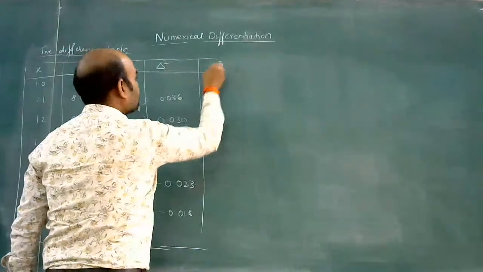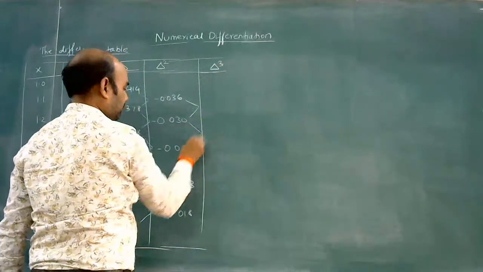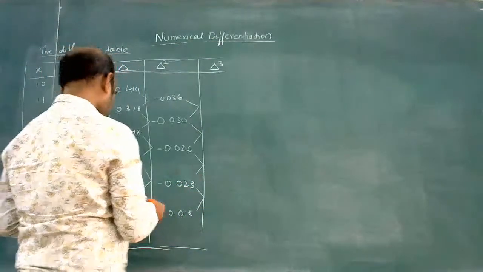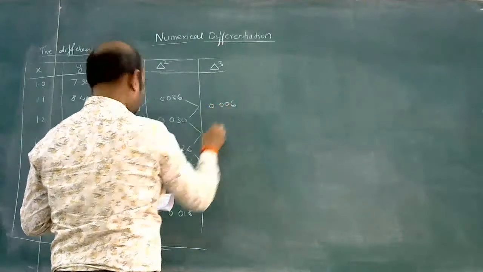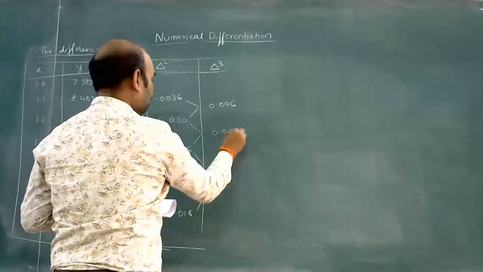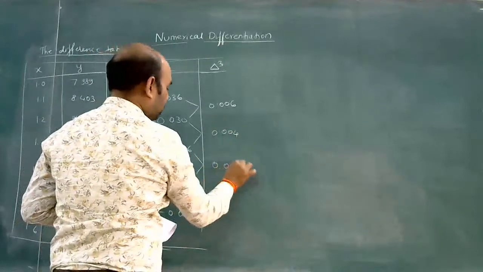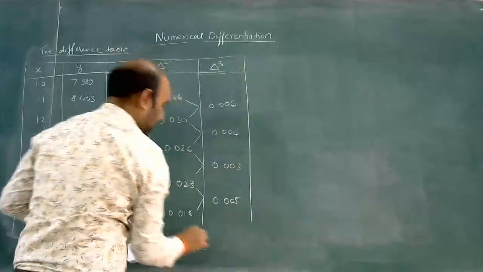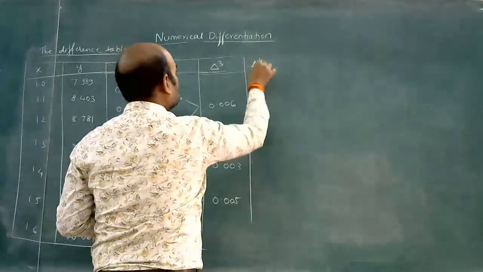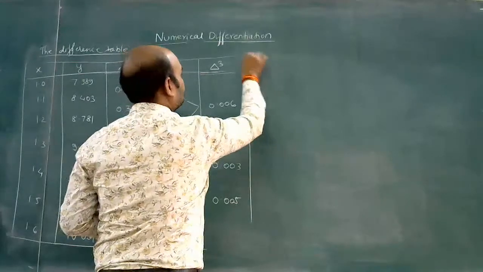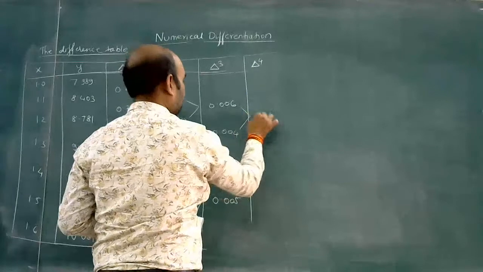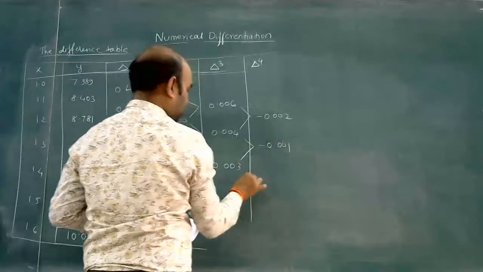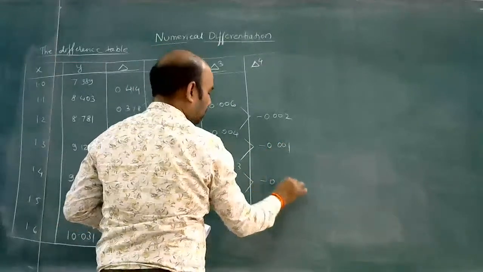Then the third difference of these values here: 0.006, this is 0.004, this is 0.003, and this is 0.005. Then the fourth difference. This is 0.0002, this is minus 0.001, this is minus 0.002.